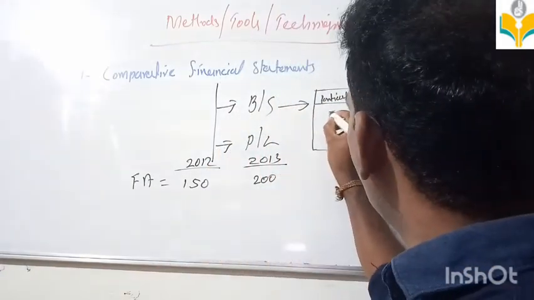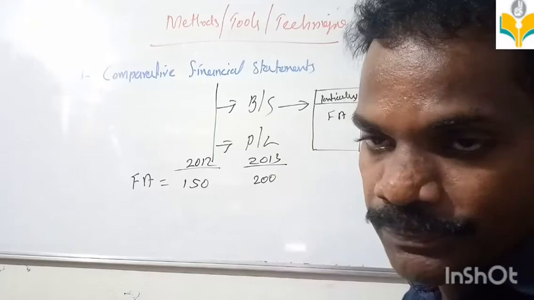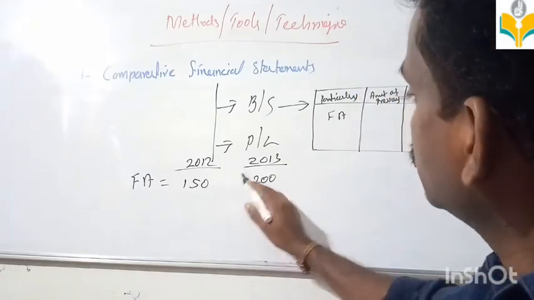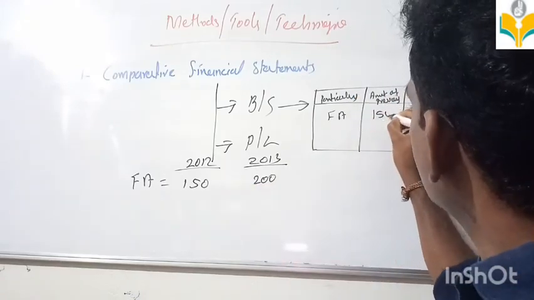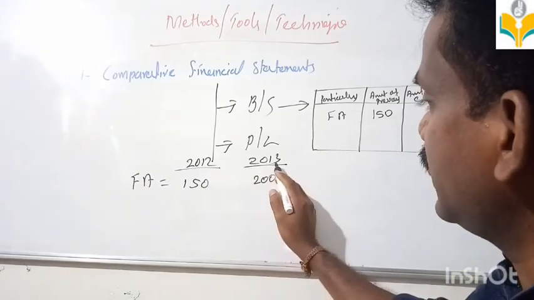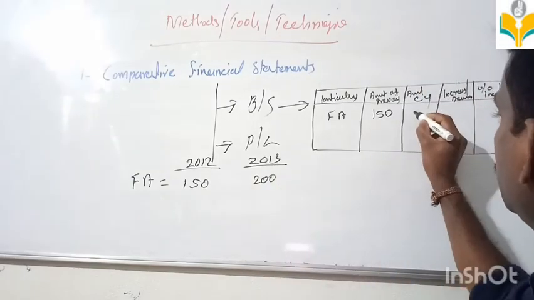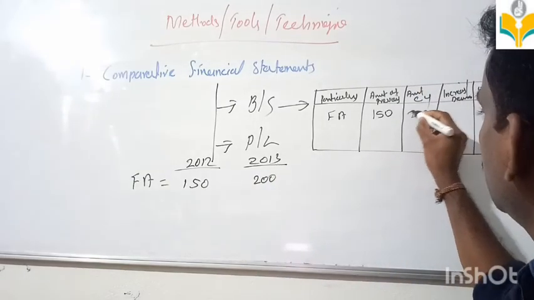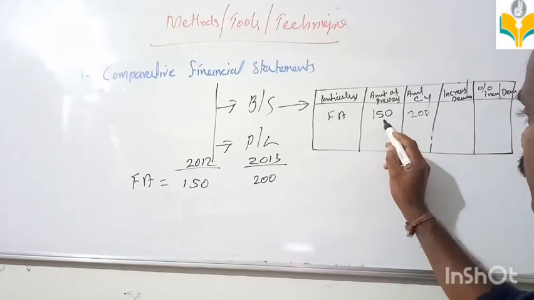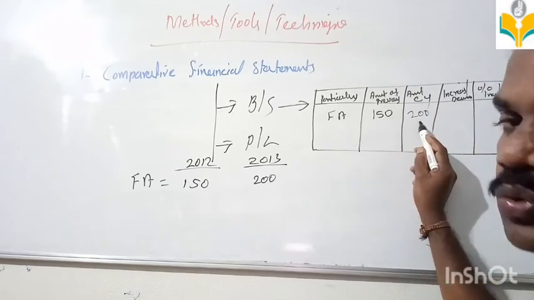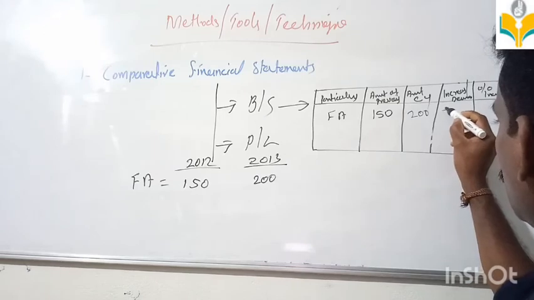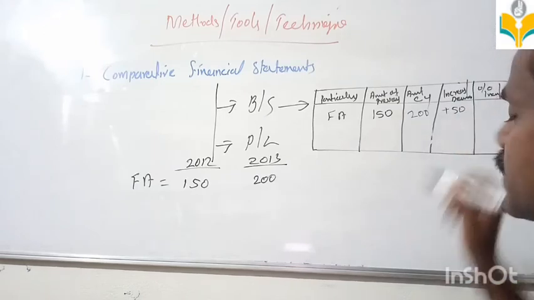First column for fixed assets. Clear? Then second column 150, that means the previous year 2012, and current year 2013, here 200. The next column, increase or decrease: 150 changed into 200, so an increase of plus 50 rupees.